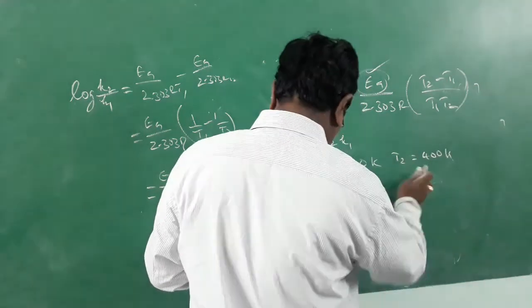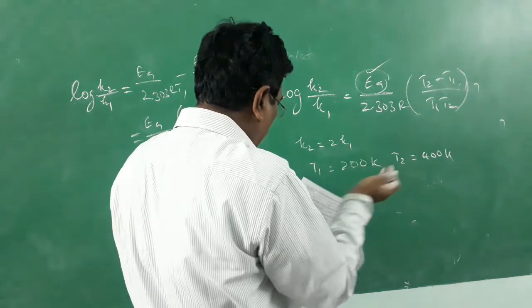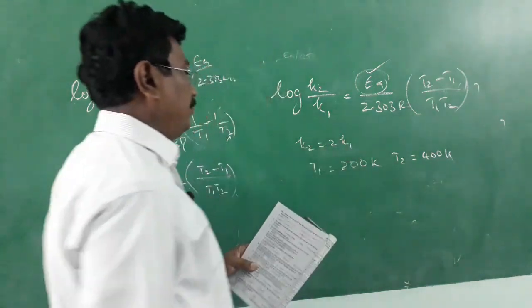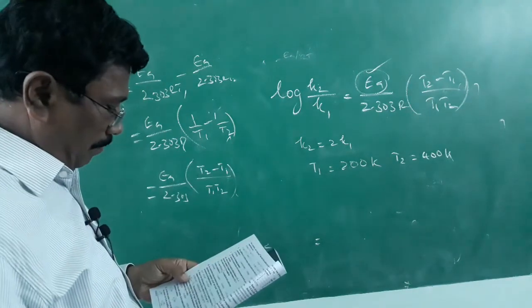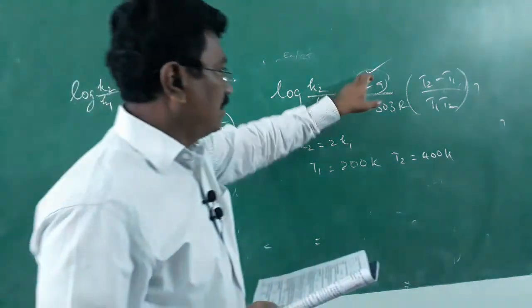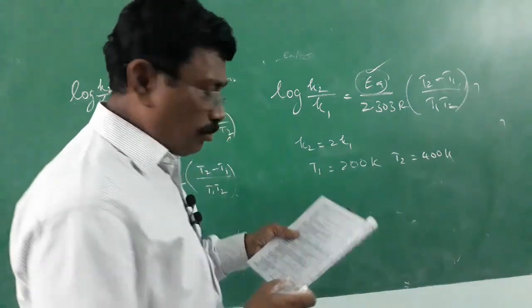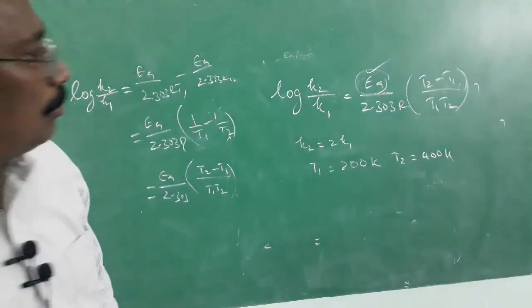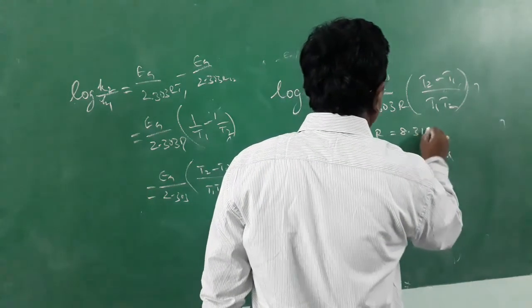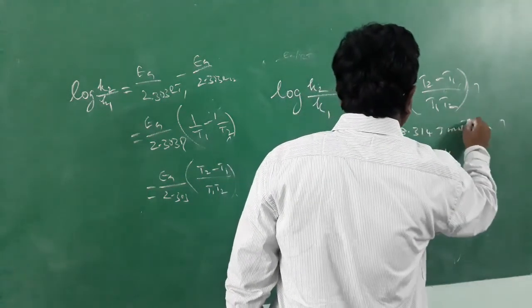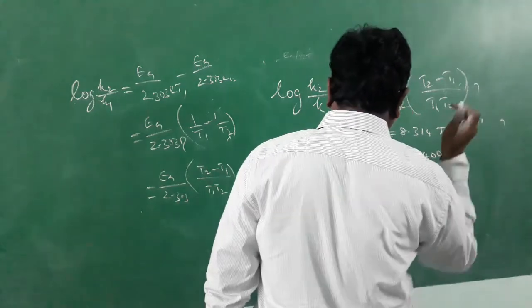That's what they have given. Now Ea is asked, and the R value, even if it is not given, you should know. What is the value of R? 8.314 joule per mole per Kelvin. You should know this value. It is joule, not kilojoule.